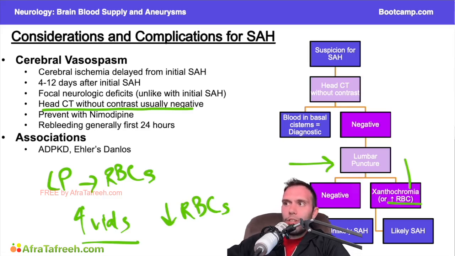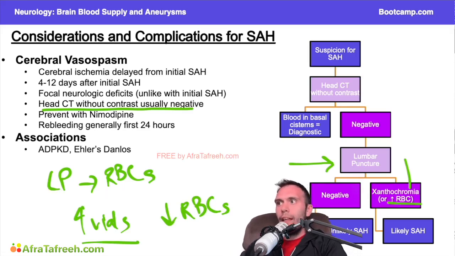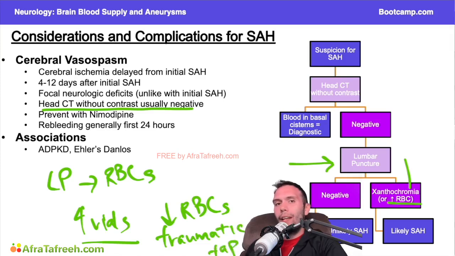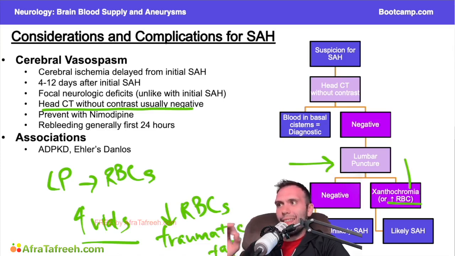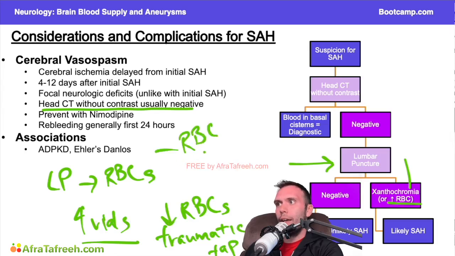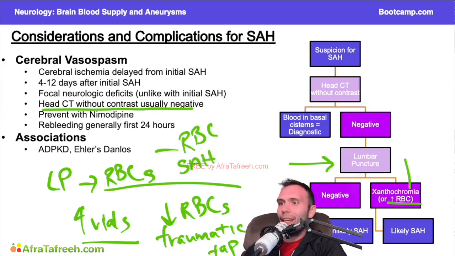If the red blood cells are decreasing in each tube, that tells you that you probably have a traumatic tap. That means you might have hit a capillary or something when you were first putting in the needle. That doesn't mean you have a subarachnoid hemorrhage. If the red blood cells are pretty constant throughout all 4 vials, that would be more consistent with subarachnoid hemorrhage. So just another little detail that they could ask you about, to make sure you're familiar with.